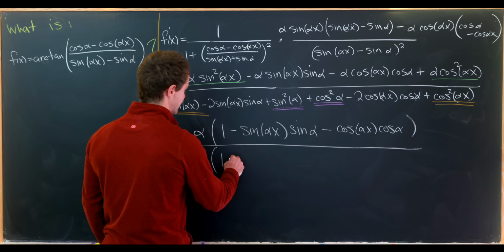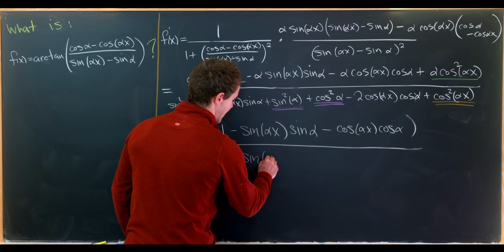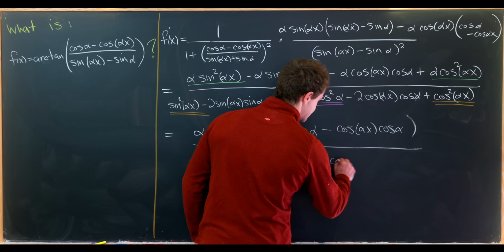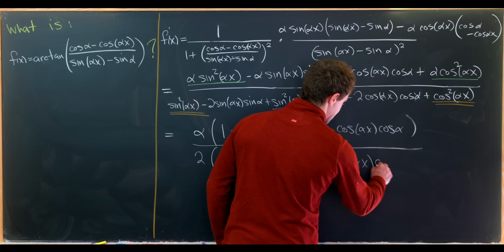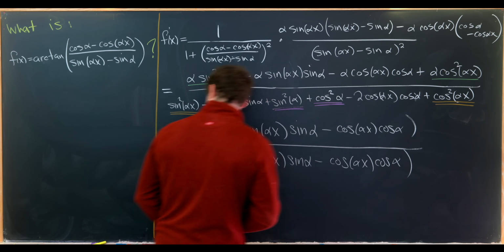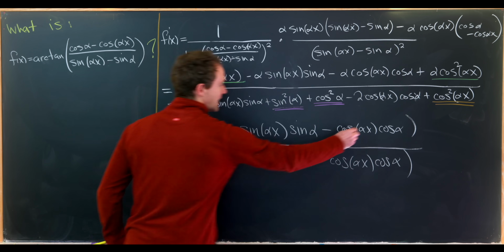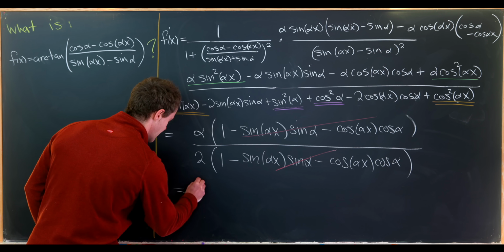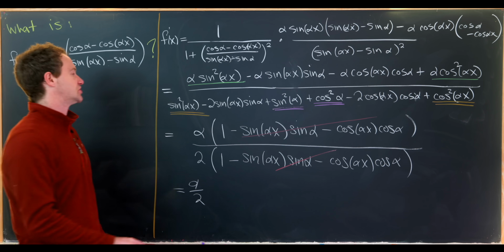And then we'll have left over sine of alpha x times sine of alpha minus cosine of alpha x times cosine of alpha. But check it out, this thing here in the numerator will cancel this thing in the denominator, and we'll be left with the constant alpha over 2.